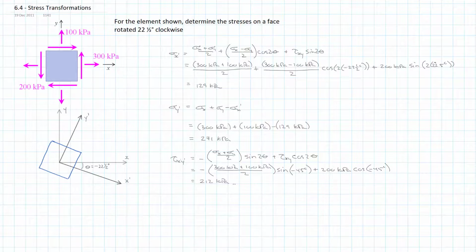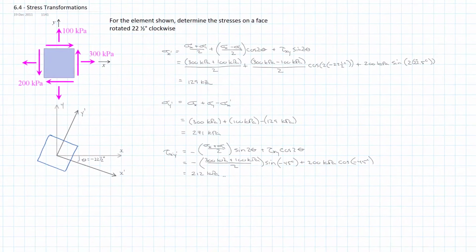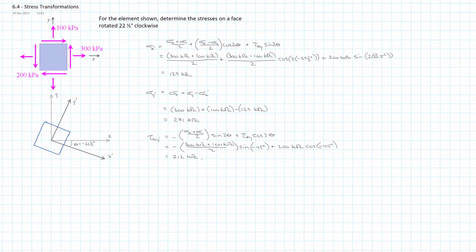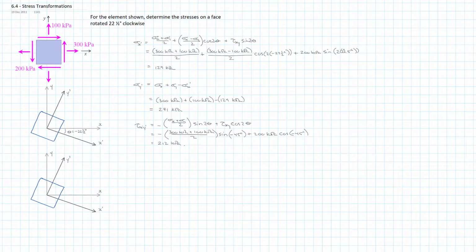I'm just going to take my reoriented element and draw those stresses on it, and we'll see what we get. I've drawn my element again. Sigma x prime is 129 kilopascals, a positive value, so that means tension. So in the x prime direction, and also in the negative x prime direction, we get 129 kPa.